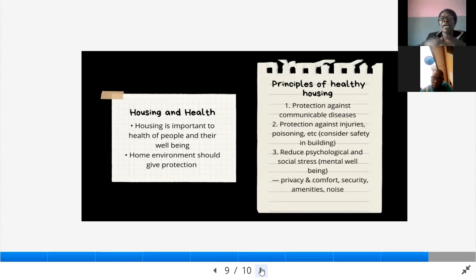Whenever you want to choose a house, whenever you want to plan a house for the family, you should consider the health of the family, because your health is wealth. If you make your house where germs and diseases will be afflicting people, you'll be spending your money on hospital.